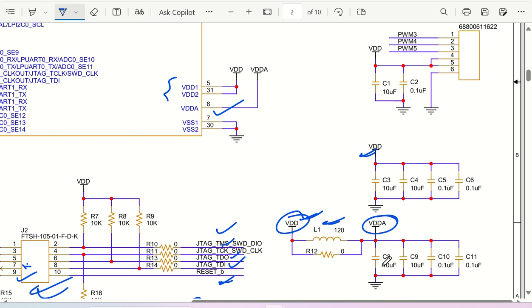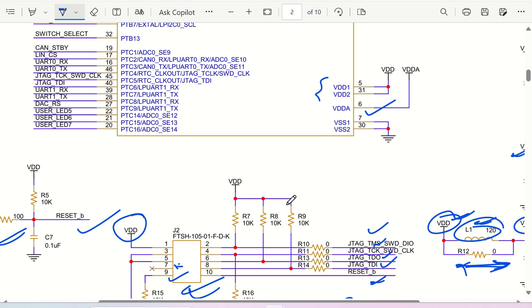Similar to that, we have put 10 microfarad plus 0.1 microfarad, which will be sufficient. If you want, you can discard C9 and C11, so you don't need to mount them. Otherwise, for better functionality, you can keep both of them. I have put a 0 ohm resistor directly. If you do not want to use this, you can directly use this as well, or keeping both of them together is also not a problem. So this was all about decoupling capacitors and programming.